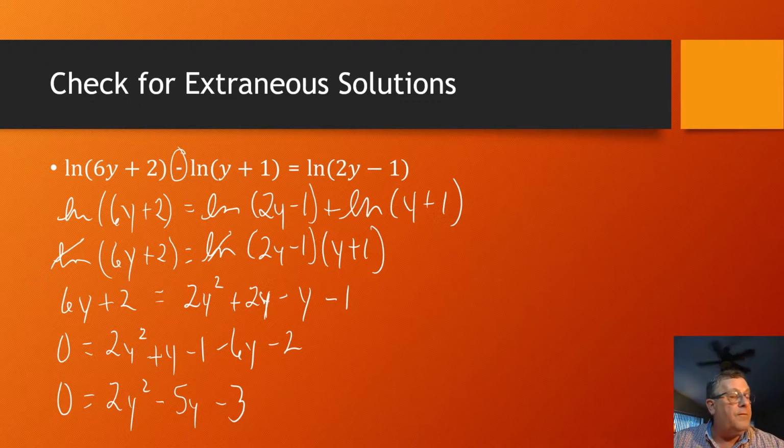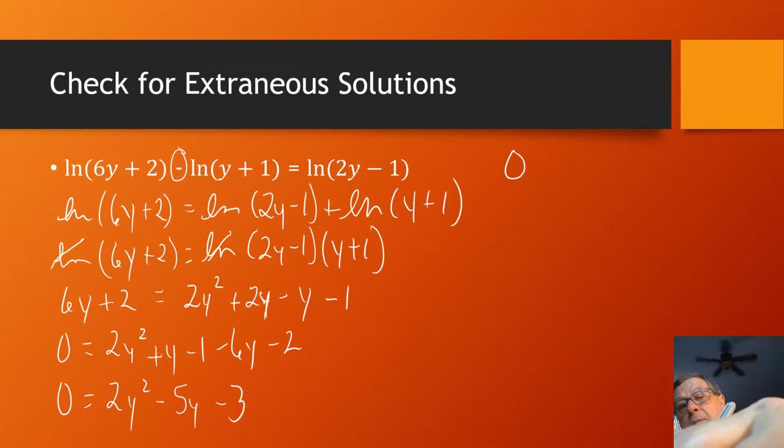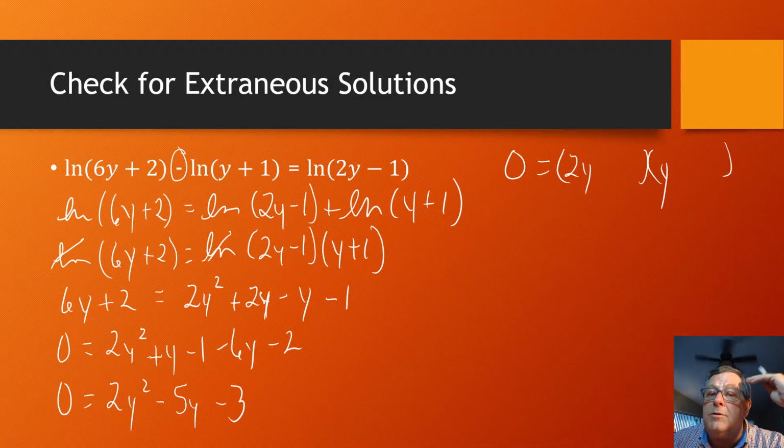We actually had that same quadratic equation in the previous video. Well, let's factor that 2y squared minus 5y minus 3. I'm going to draw myself two sets of parentheses. I'm going to put 2y in the left of one, y in the left of the other, because 2 times 1, that's the only way I can get to 2, with at least integers anyway.